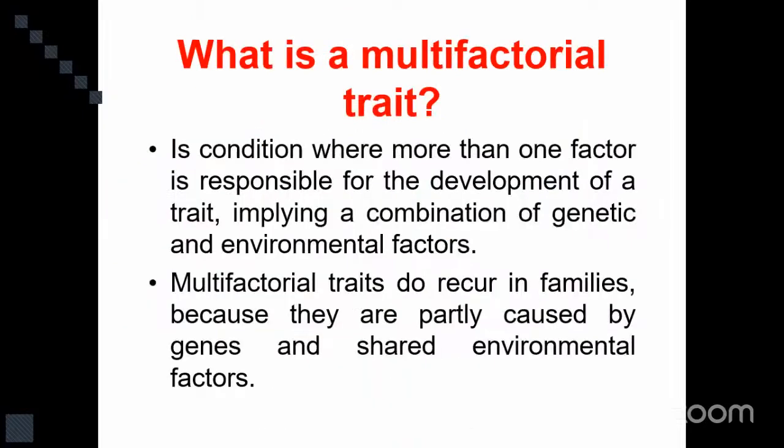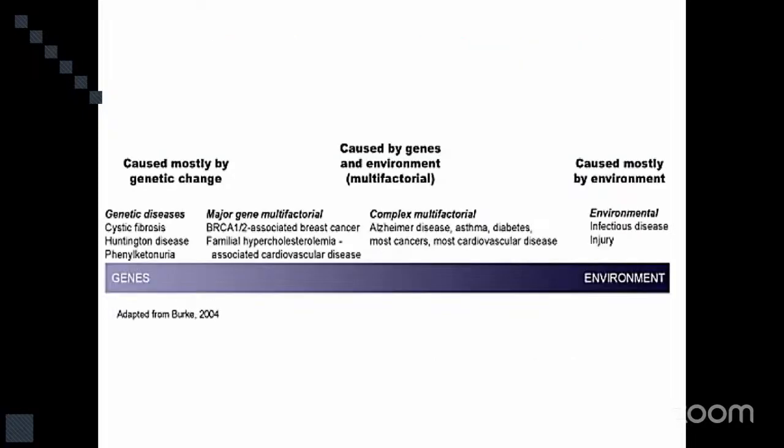Multifactorial traits also recur in families because they are partly caused by genes and shared environmental factors. So if somebody in the family has a particular trait, don't be surprised if that trait appears in another member of the family. That is what we mean by recurrence.